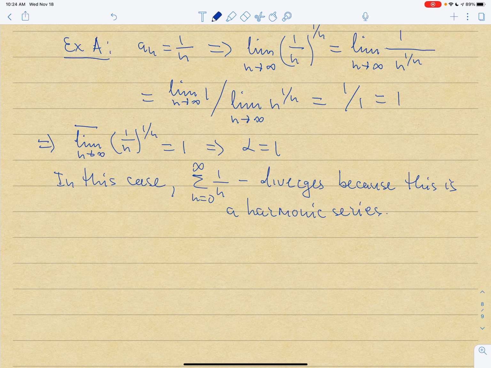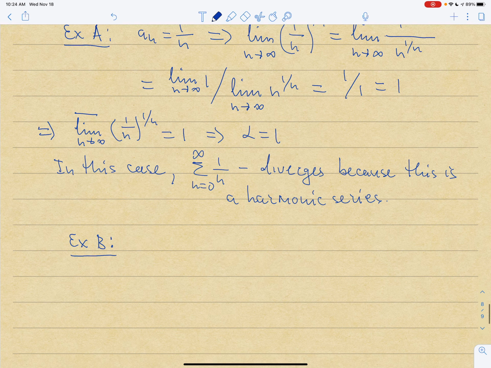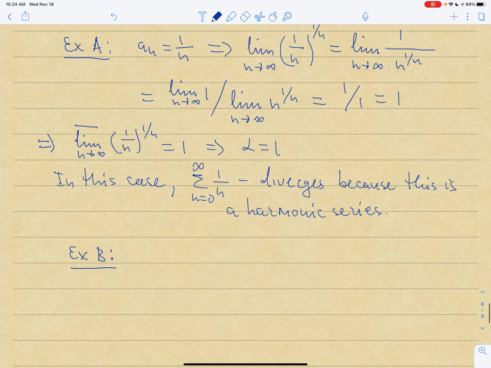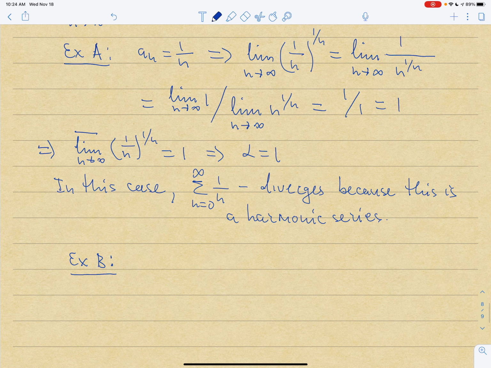Now example number 2 is going to be something that we're going to discuss pretty soon, so here you just have to accept what I'm saying. If I use an equal to 1 over n squared, then I repeat the same computation: the limit as n goes to infinity of 1 over n squared to the power 1 over n.